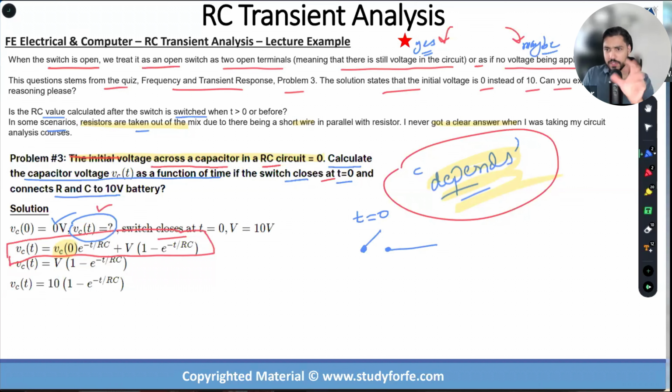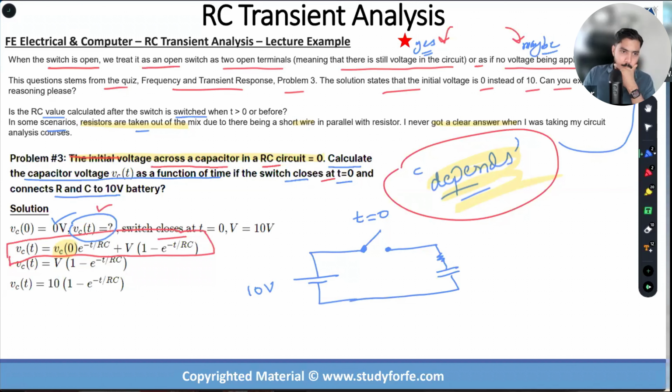But despite that, you can see that the student has a list of doubts around it. Switch is closing at t is equal to 0. And by closing the switch, you are connecting a 10-volt battery to R and C. Does it make sense?